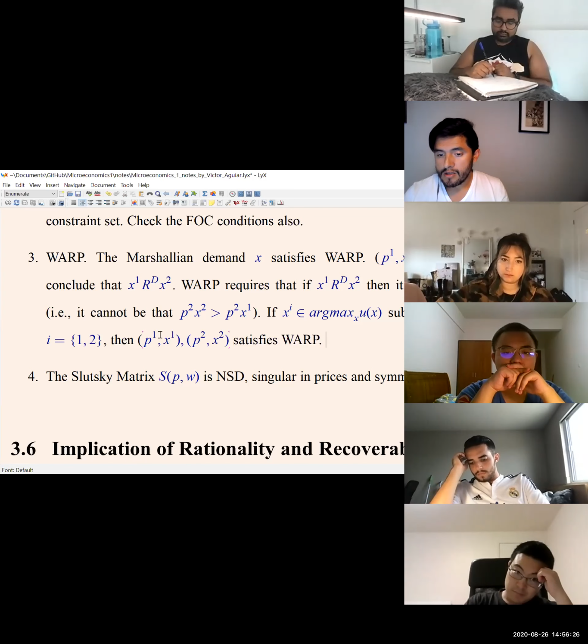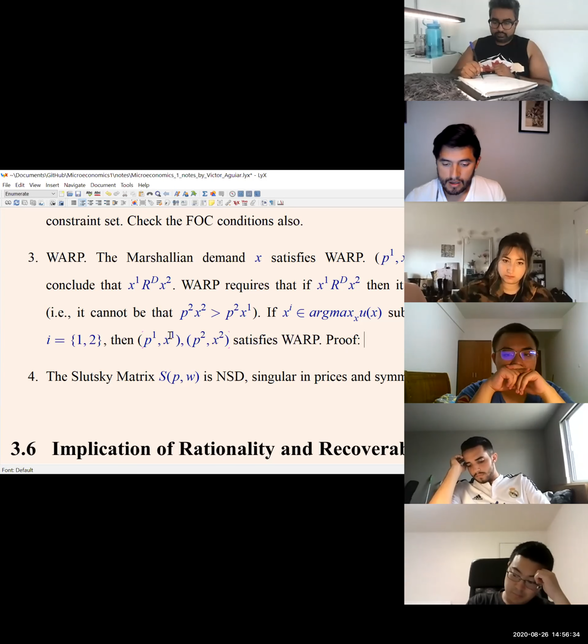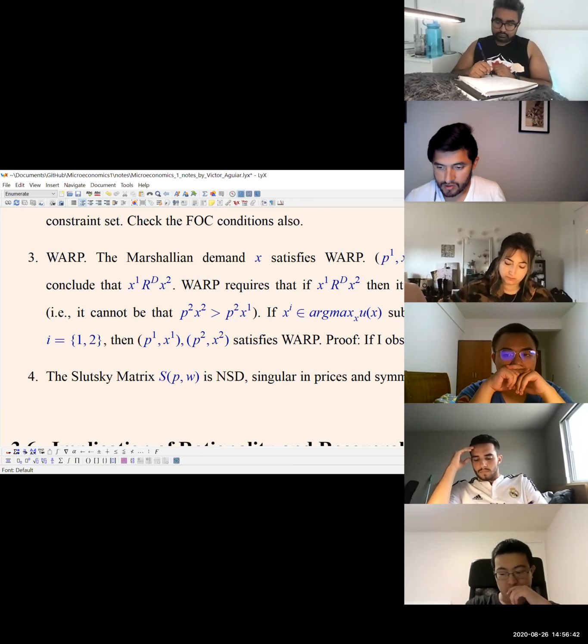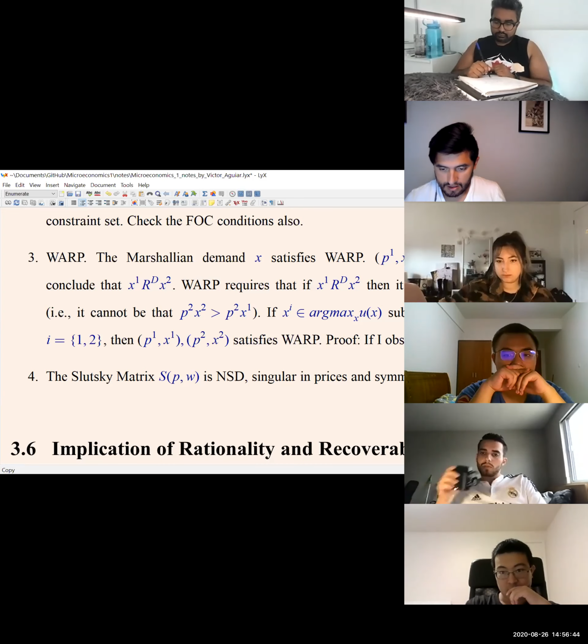Okay, so let's prove it, right? So proof here: if I observe that the first thing happens here, which is P1 X1 greater than or equal to P1 X2. Okay, so this is telling me two pieces of information.